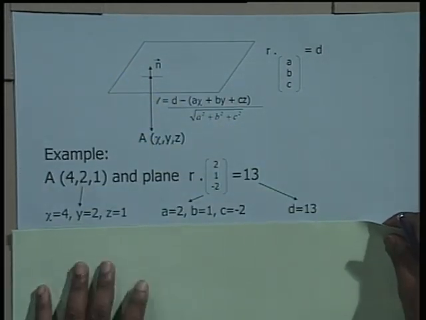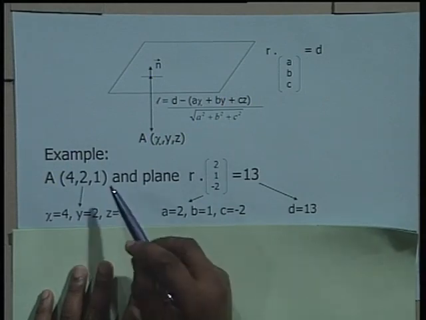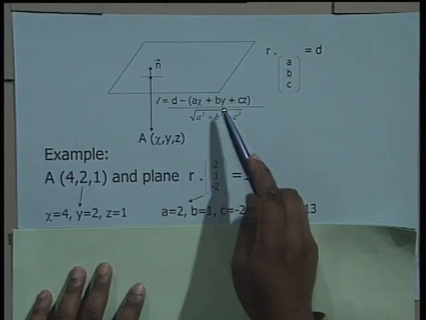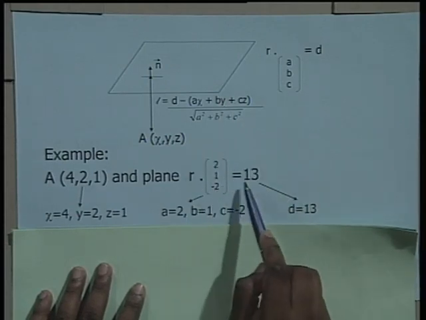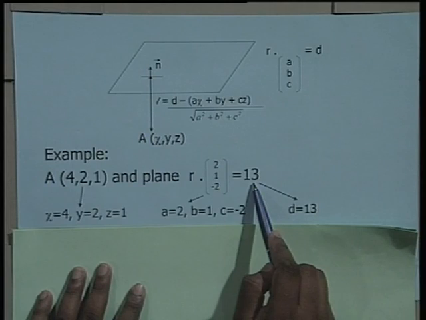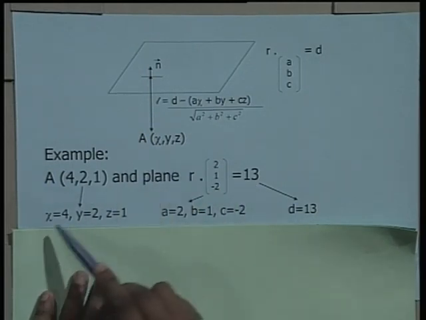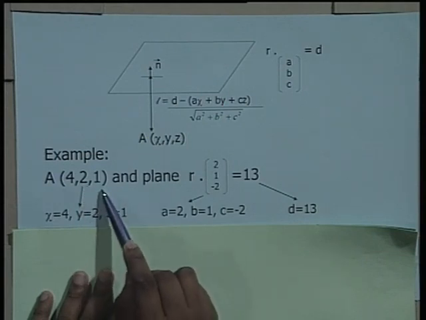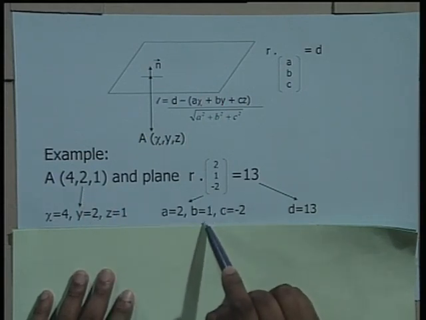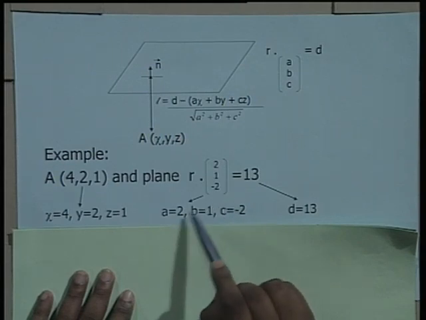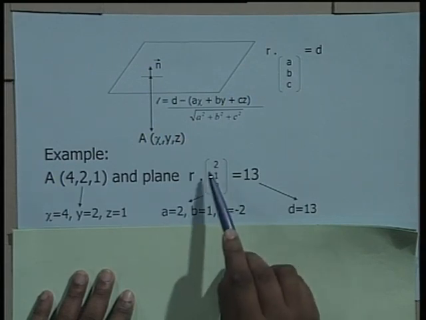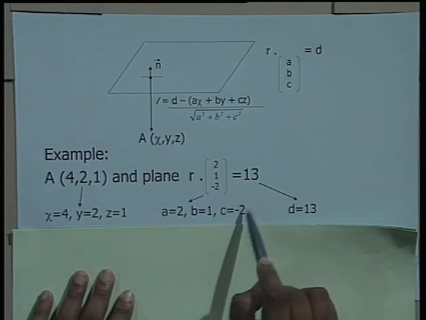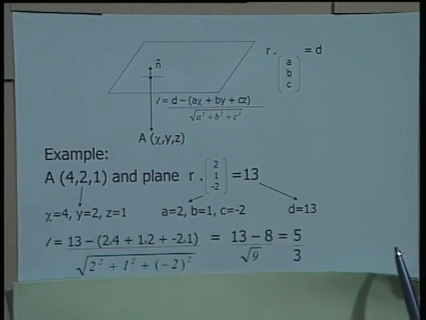Let's take an example. Suppose the coordinates of A are (4, 2, 1), and the equation of the plane is r dot (2, 1, -2) equal to 13. So in this example, the value of x is 4, the value of y is 2, the value of z is 1. Elements of the vector perpendicular to the plane, a, b, c, are: a is equal to 2, b is equal to 1, c is equal to -2, and d is equal to 13.